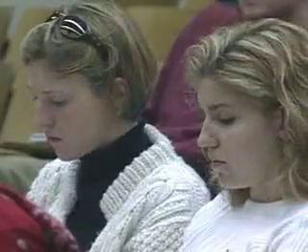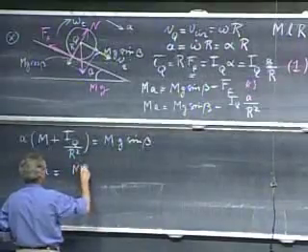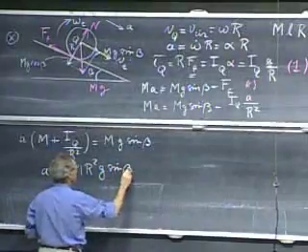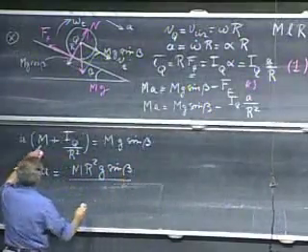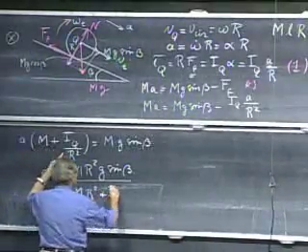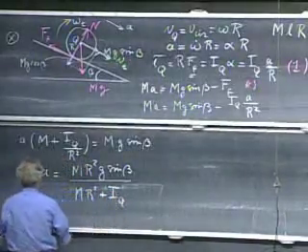I'll multiply both sides by r squared. I get m r squared g sine beta upstairs, and downstairs I get m r squared plus the moment of inertia about that point Q.